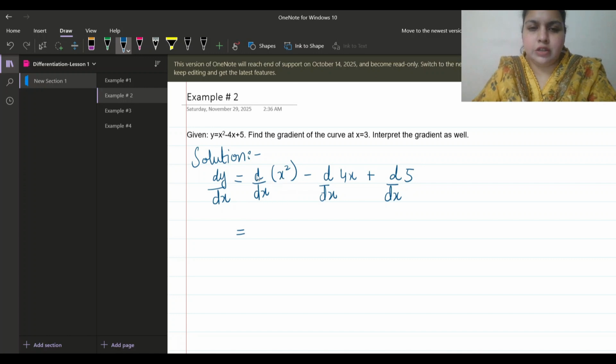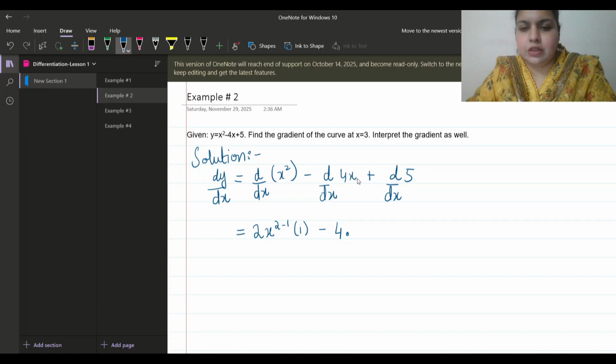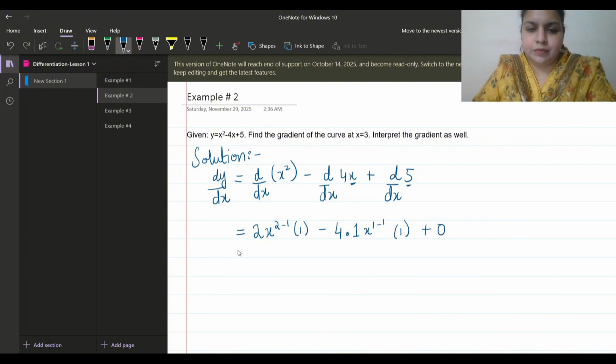In the first term, we will be applying the power rule: n x to the power n minus 1, d upon dx of x, which is 1. The 4 will be taken out. And for this one, it is again n x to the power n minus 1, d upon dx of x. Plus, the derivative of a constant is always 0, right?